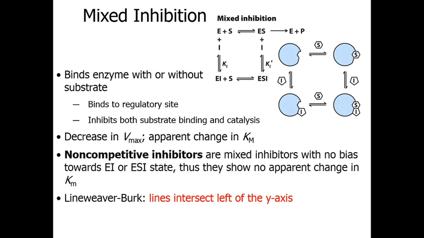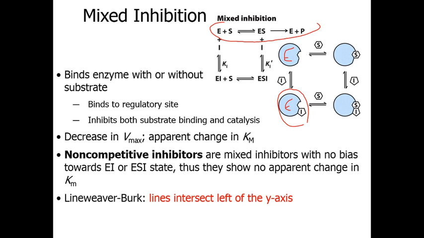Mixed inhibitors are different from competitive and uncompetitive inhibitors in the sense that mixed inhibitors bind enzyme with or without substrate. As you can see here in this diagram, this is an enzyme E, and an inhibitor can bind to the enzyme to form the EI complex.